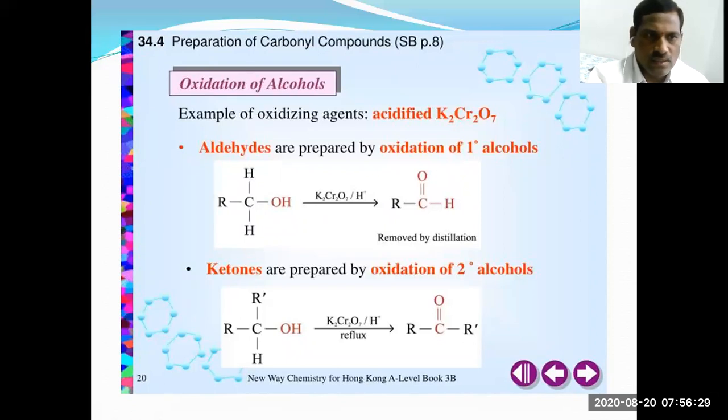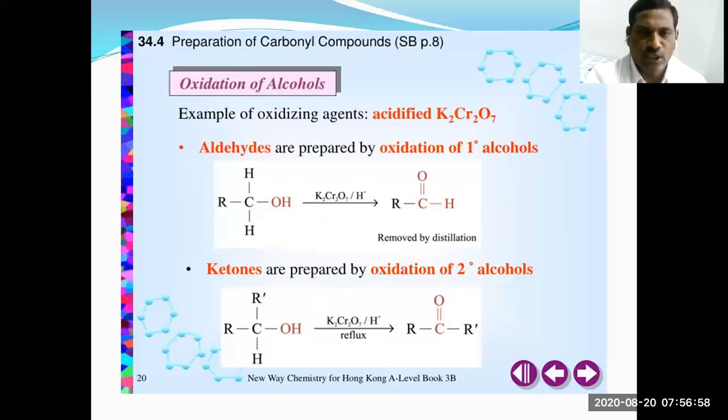Oxidation of alcohols. Aldehydes are prepared by oxidation of primary alcohols, ketones are prepared by oxidation of secondary alcohols. Here the oxidizing agent used is acidified potassium dichromate.